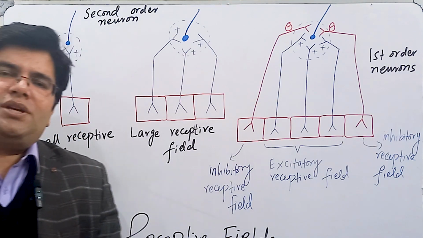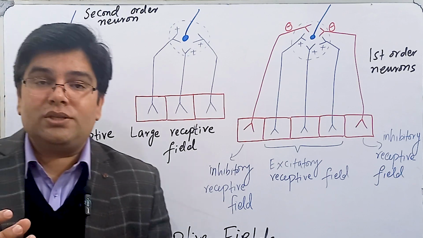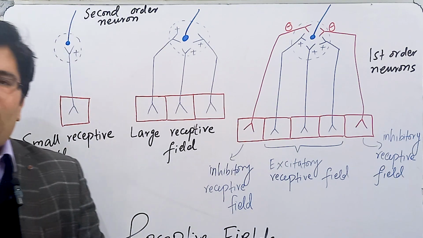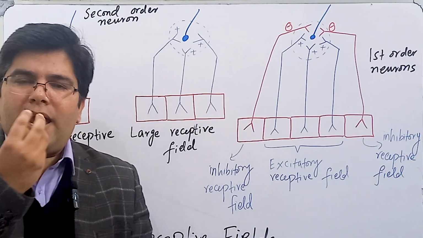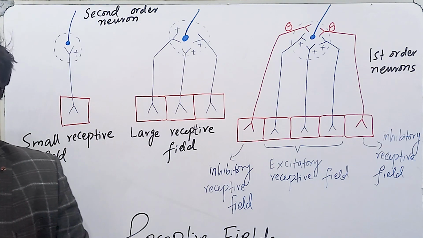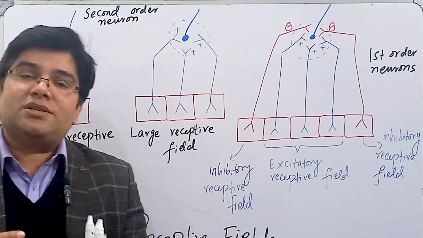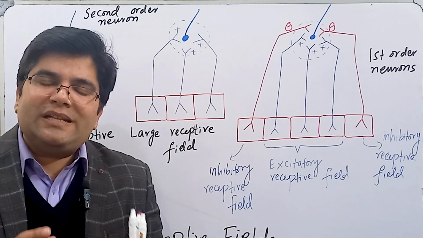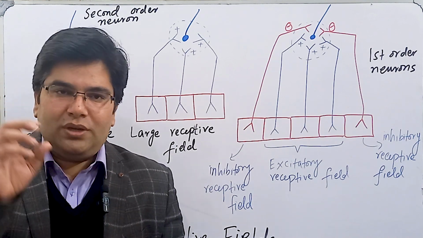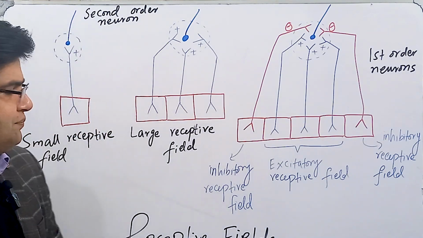We have already studied the sensory homunculus. You know very well that in the sensory homunculus, the size given to our hands, our fingers, our thumb, tongue and lips is much bigger as compared to the other parts of our body, which means that these parts have smaller receptive fields and more receptive density. That's why they're more acute in discrimination of touch sensations.